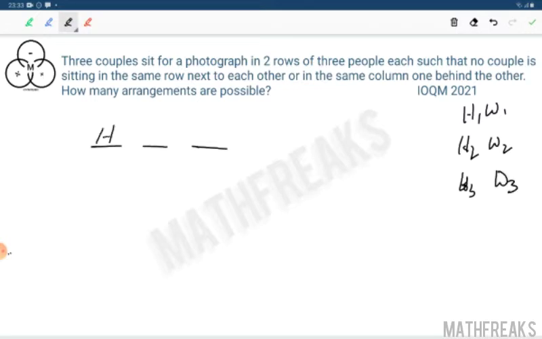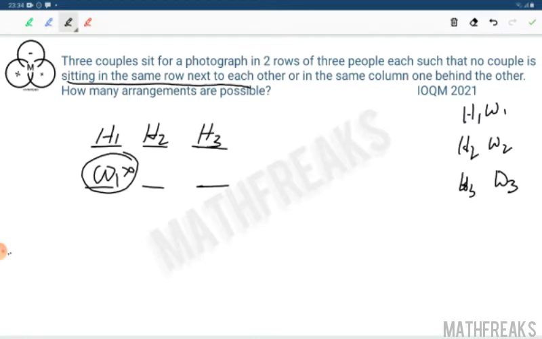Suppose H1, H2, H3. Then W1 cannot sit here because no couple is sitting in the same row next to each other, or in the same column, one behind the other. One behind the other is not possible.